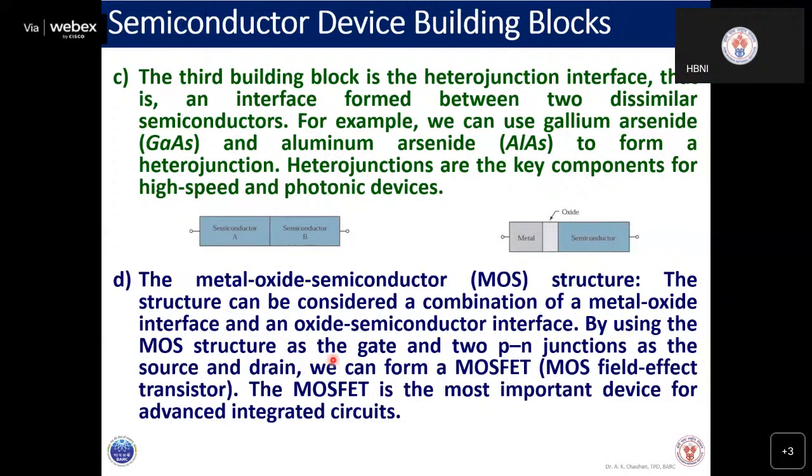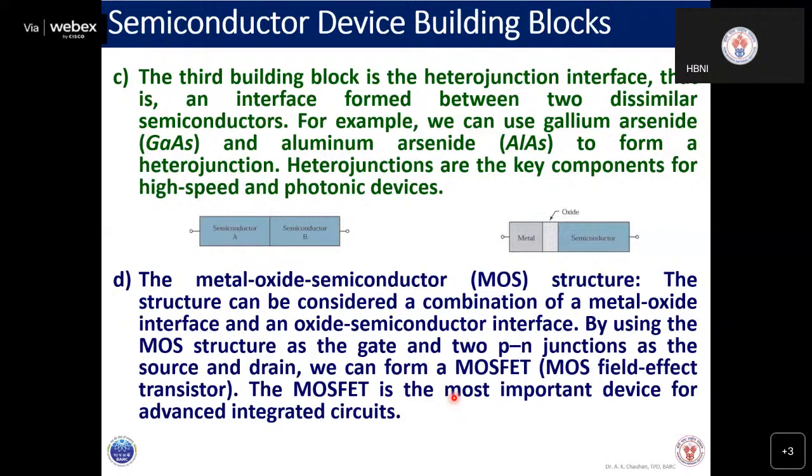By using the MOS structure as the gate and two PN structures at the source and drain, we can form a MOSFET device, and we can form a number of different devices using these four important building blocks.